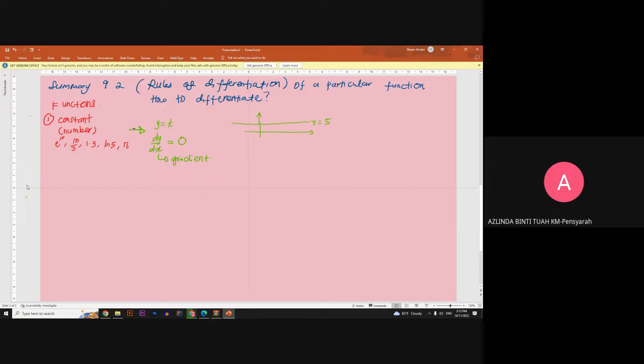So we need to take 2 points. Let's say point dekat sini, 1, 5. And this one is 5, 5. Okay, kalau tengok dia punya dy per dx ikut formula dia punya definition, y2 minus y1. So the same y, subtract 5 minus 1. So dia akan jadi 0 over 4, which is equal to 0. Dia punya gradient.